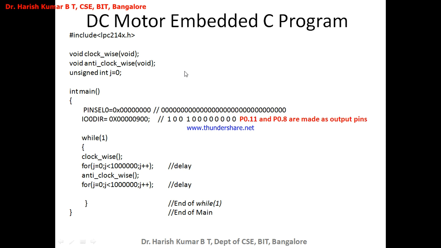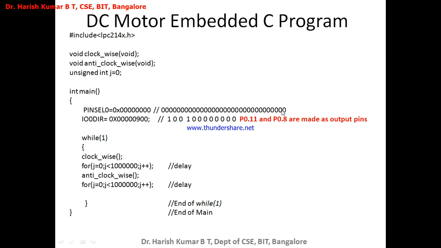And to make the port pin P0.0 operate in the general purpose input output mode, these two bits must be 0 0. To make the port pin P0.1 operate in the general purpose mode, the next two bits must be 0 0. And to make P0.2 operate in the general purpose input output mode, the next two bits must be 0 0.